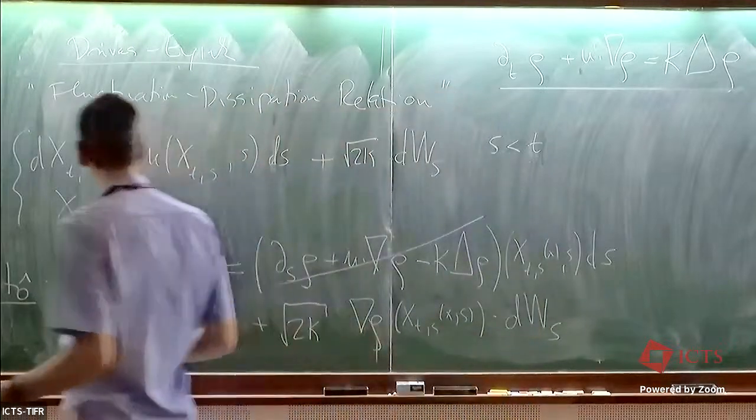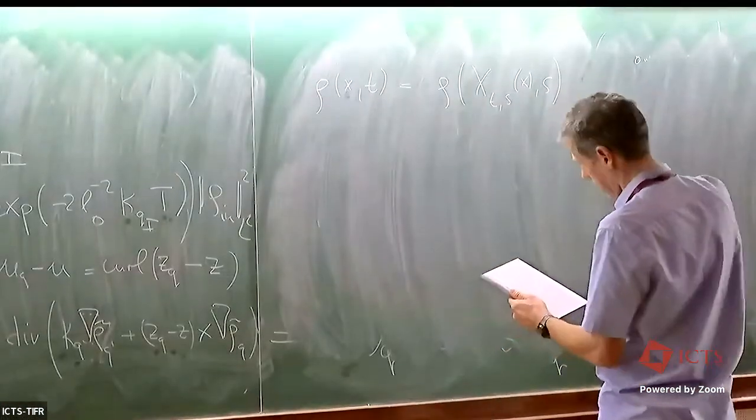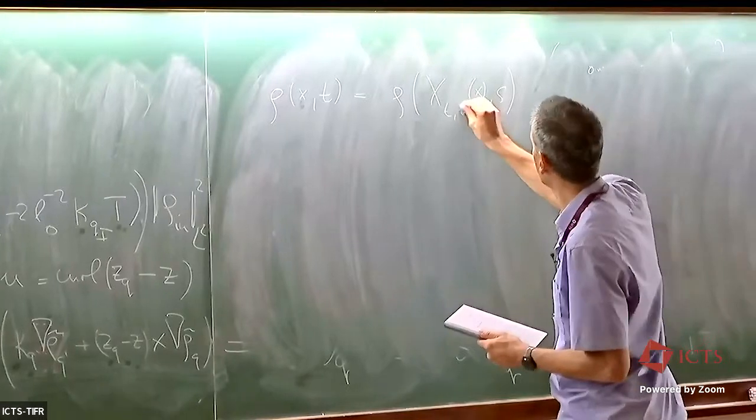So then I can take the integral in time, and then take the expectation. Taking the integral in time, the final time is given by the point x. The initial data is given by the solution of the SDE.